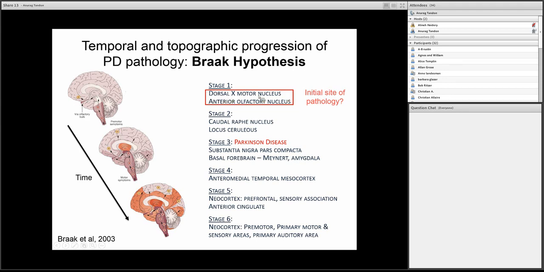This is located in the brainstem, fairly low down in the brainstem. There are also changes in the anterior olfactory nucleus, which is located here. And I'm going to come back to this and explain the connection between these as the initial site of pathology.